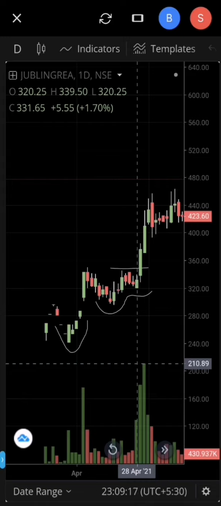It doesn't matter that it has to form immediately, or that it has to be at the all-time high the stock has given as soon as it got listed, or 1 or 2 days later. It's not like that, because the primary IPO base is the first buyable base of that stock, so it's not necessary that it should be near the prices of the opening day, the IPO listing day only.